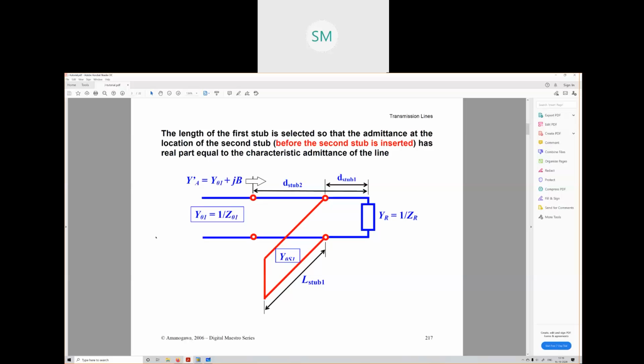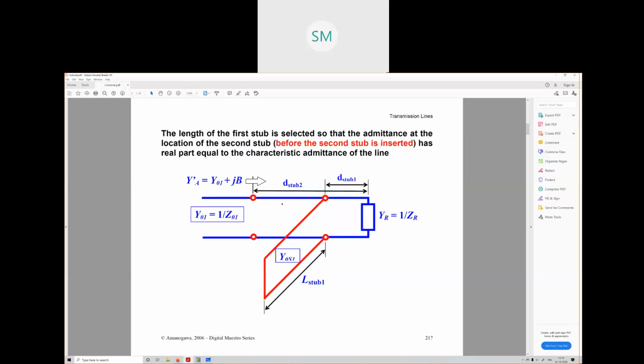So what are the functions of the two stubs? Let us focus on the first stub. Here is the load, D stub 1, L stub 1 and D stub 2.